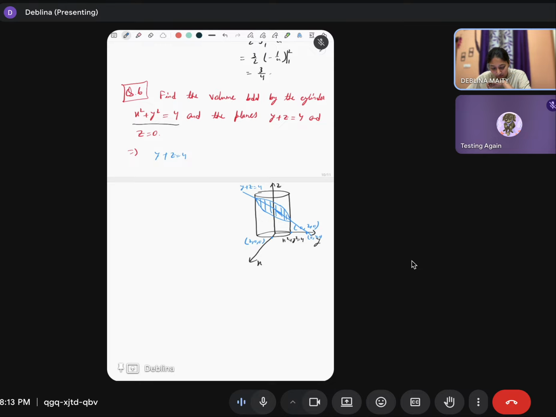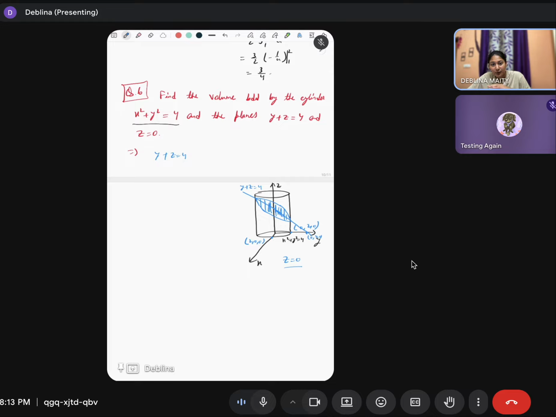Now we have to find out the limits. So xy is in this circle, and z equals 0 is the xy plane. So z runs from 0, the xy plane, to this plane, this blue segment, right?